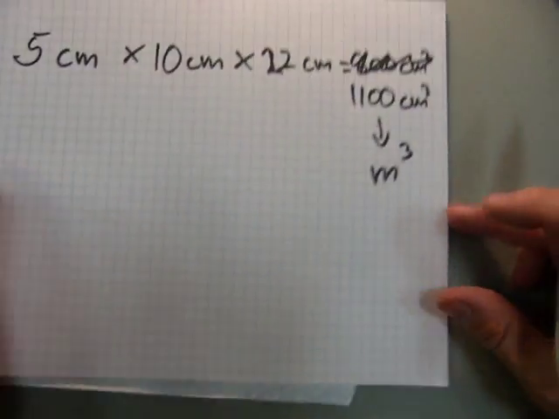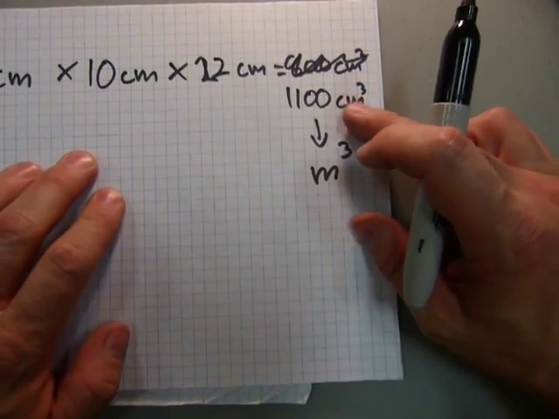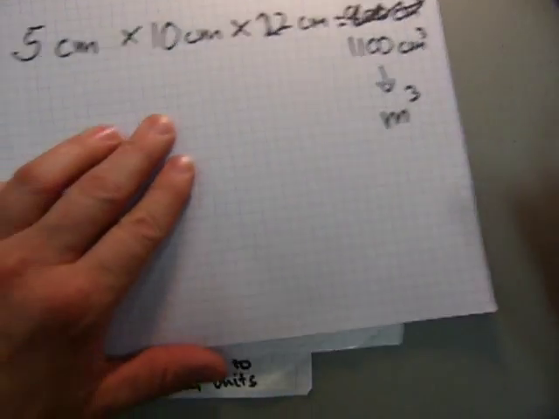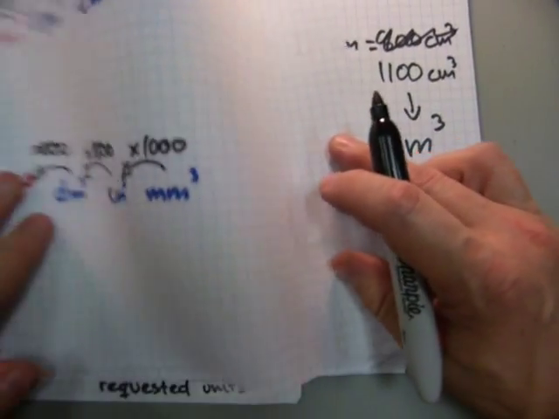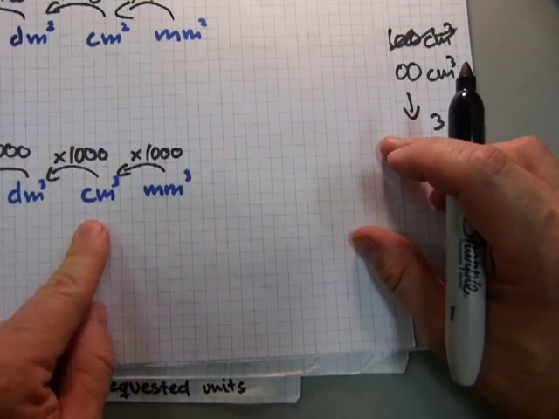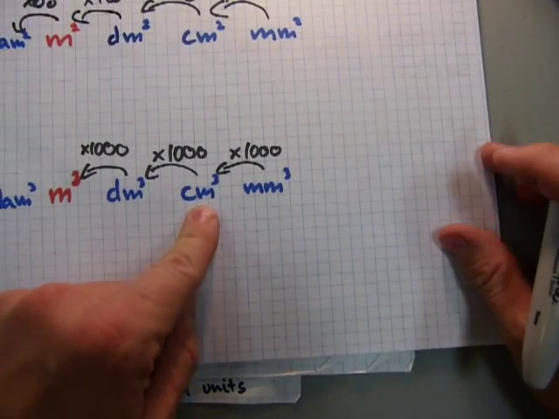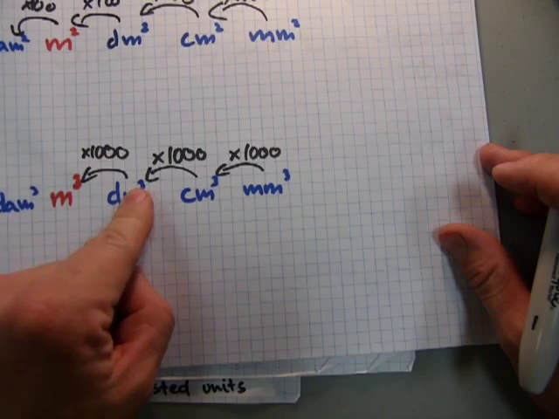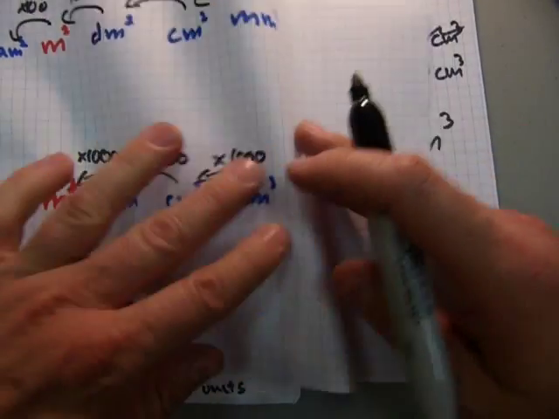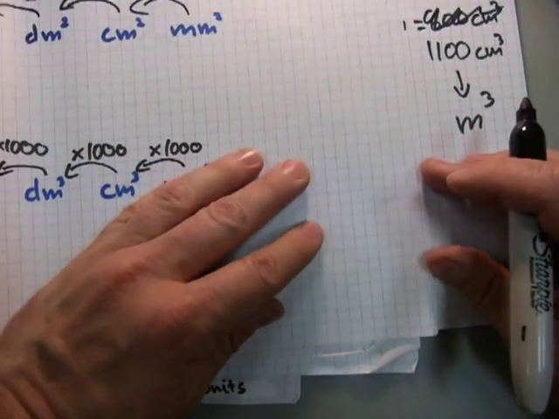Here's the bathtub calculation. So we have 1,100 cubic centimeters, and if we go back here, and if we have 1,100 of these, from cubic centimeters to cubic meters, the jump is 1,000 times 1,000, is 1 million.